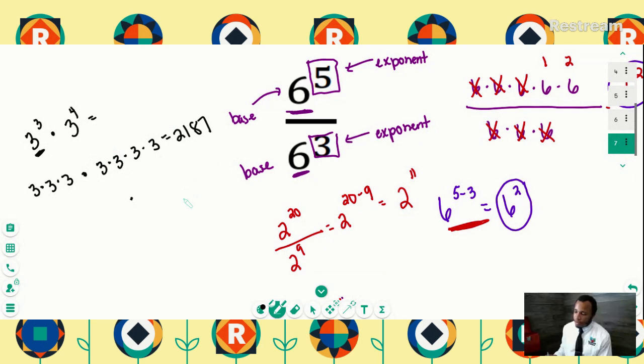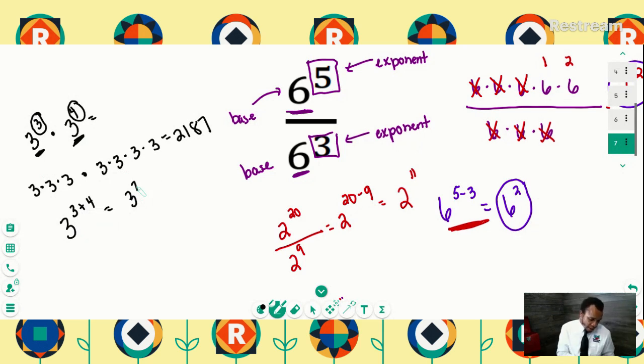Now, that's writing all of this out using the long way. There's an easier way. Once again, if we have the same base, which in this case is 3, we keep our 3, and we can simply add our exponents together. So we have 3 plus 4, that gives us 3 to the 7th power.